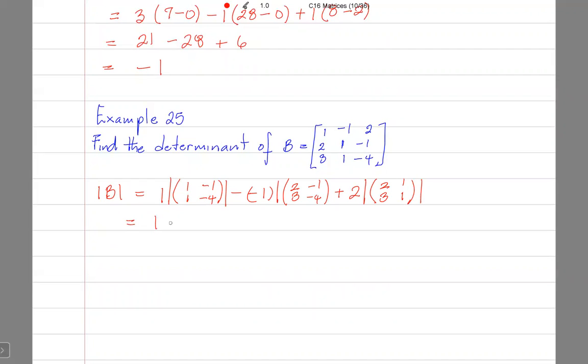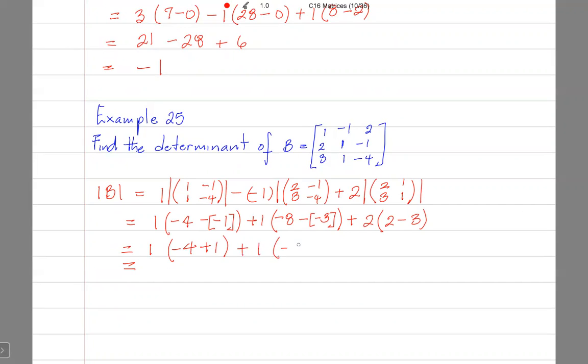This is 1 into minus 4 minus 1, plus 1 into minus 8 minus 3, plus 2 into 2 minus 3. So this is 1 into minus 4 plus 1, plus 1 into minus 8 plus 3, plus 2 times minus 1.